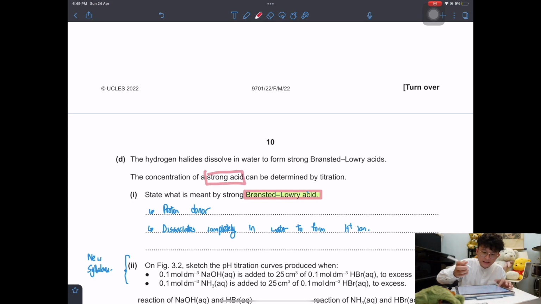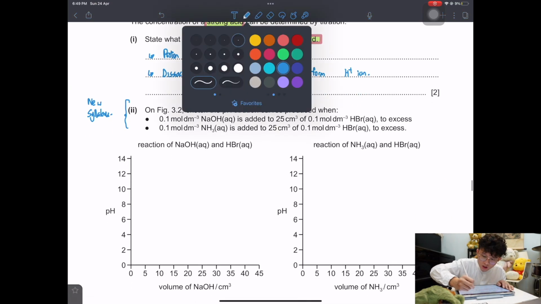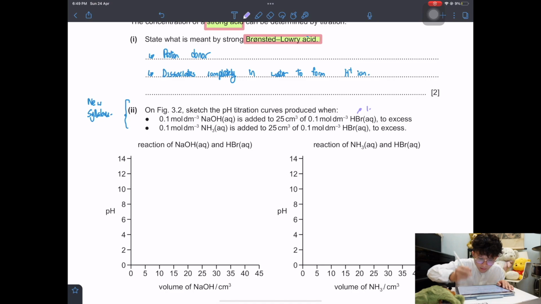Strong acid always has a pH of about 1 to 2, and NaOH is a strong base, pH about 12 to 14. NH3 is weaker, so the pH can be 10 to 11. HBr is still 1 to 2. I'm just going to put 2 as my initial pH, and my final pH is definitely going to be 13.